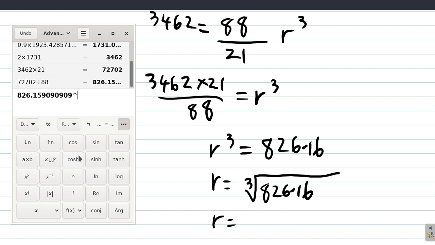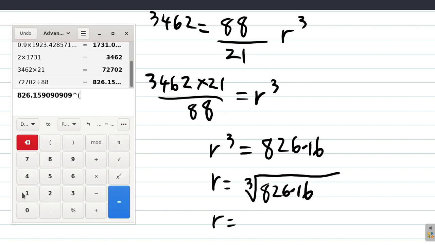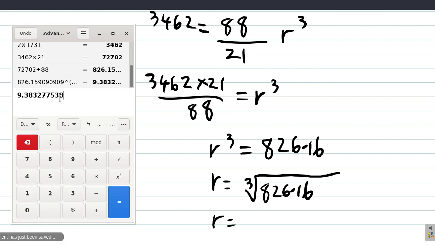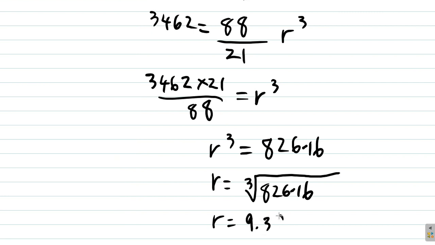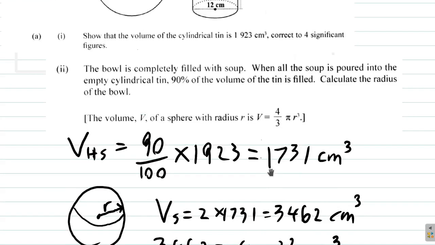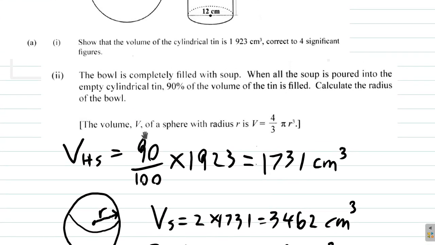So let's raise this to the power of open bracket 1/3 close bracket, equals 9.38. So our radius is 9.38 centimeters. That is the radius of the bowl, 9.38 centimeters.